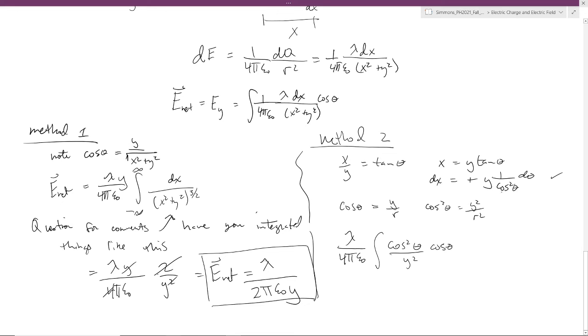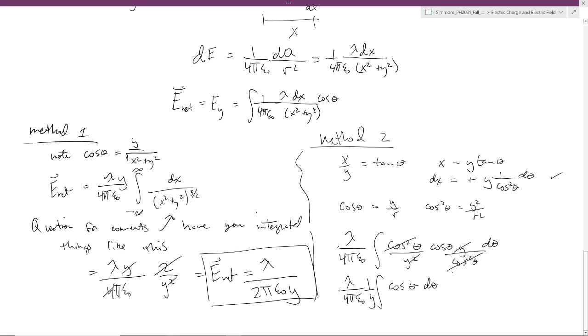And then we would also have our dx, y over cosine squared theta d theta. Notice most all of this stuff is going to cancel out. So we lose those terms, and we end up with lambda over 4 pi epsilon naught, cosine theta, one factor of 1 over y that we can pull out.